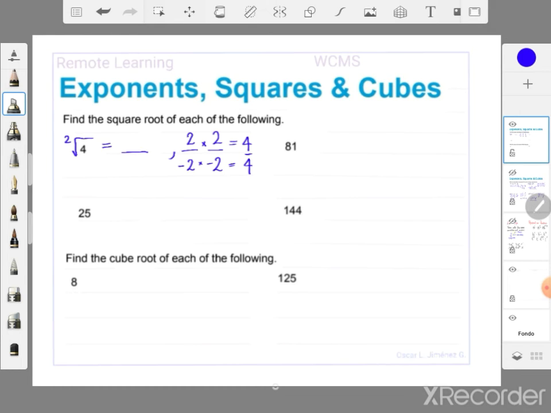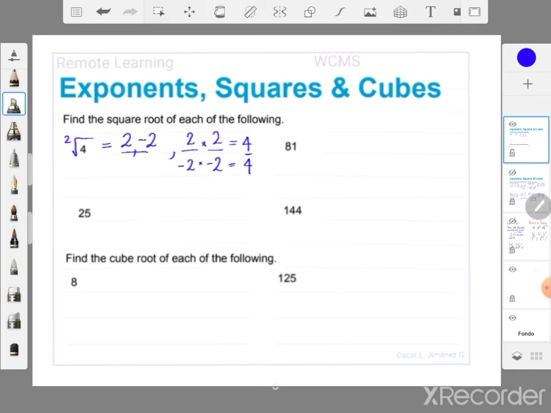Remember, negative times negative will be positive. So you have two possible numbers, 2 and -2. Remember, the square root is a number such that multiplied by itself it gives the original number.